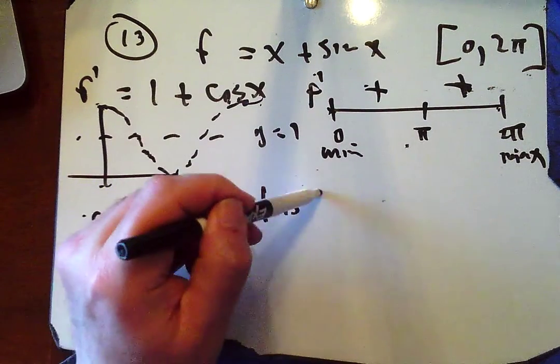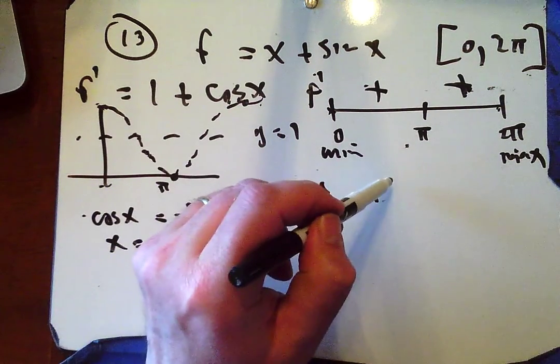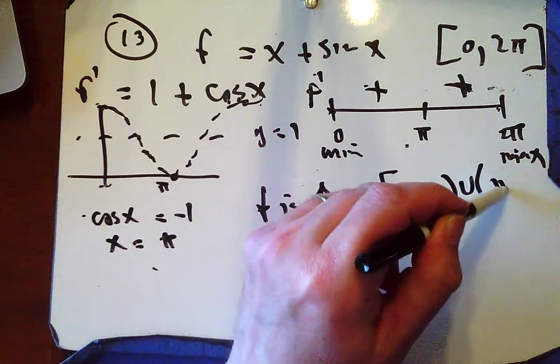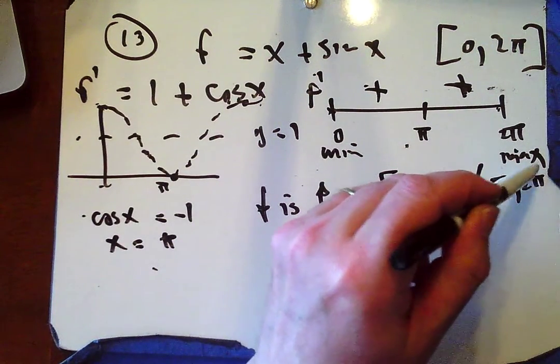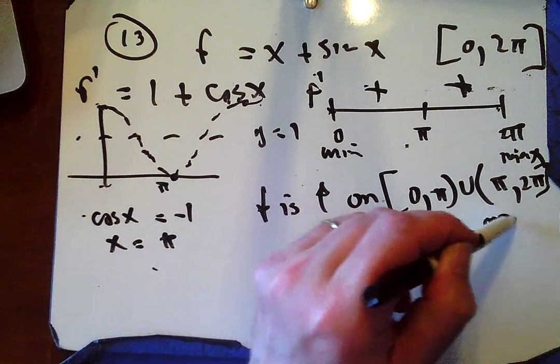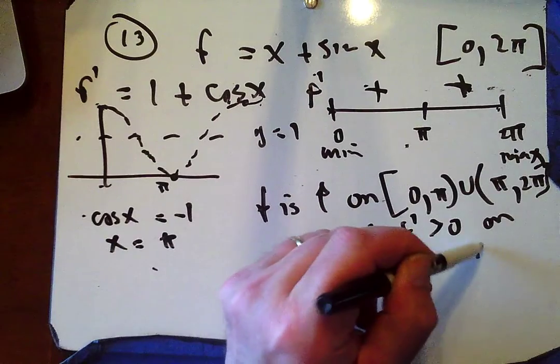F is increasing on 0 to pi union pi to 2 pi, because f prime is greater than 0 on those intervals.